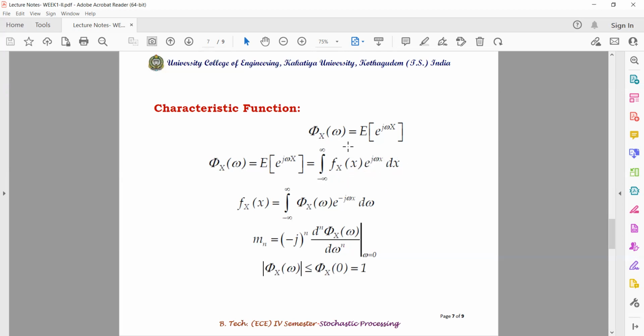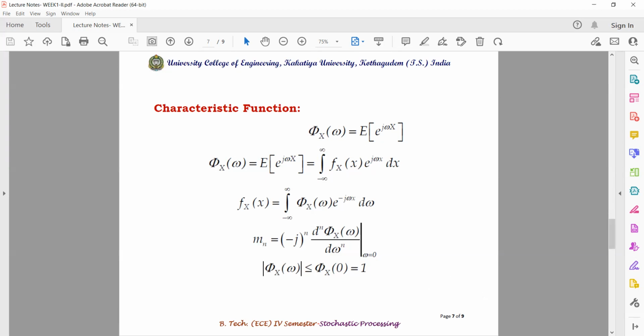The leftover integral of fx of x dx is equal to 1, that is, the area under the probability density function. So phi x of 0 is 1, and the maximum value of the characteristic function occurs at origin. For all other values of omega, its value is less than the maximum value.